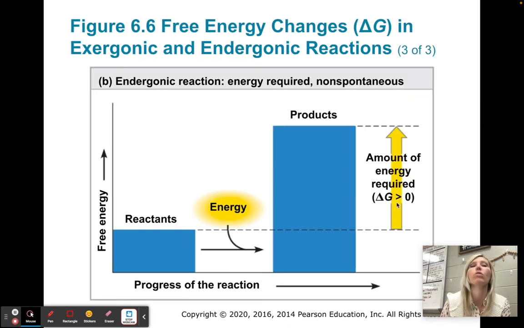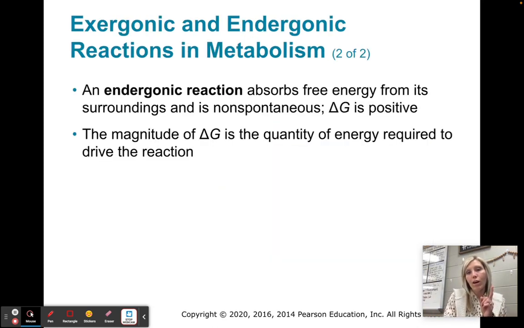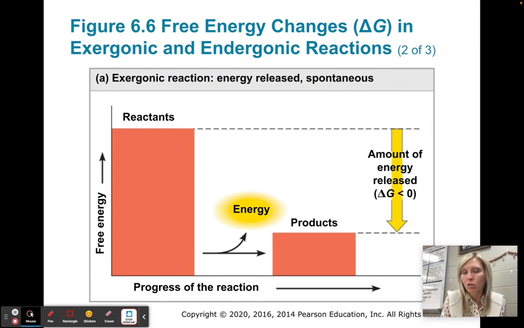Now let's go to the endergonic. In the endergonic reaction, on the other hand, you're not going to release free energy to the outer environment, but instead energy is required. This does not happen spontaneously, and the energy is basically going to get stored in the molecule. You'll see the word energy coupling later.